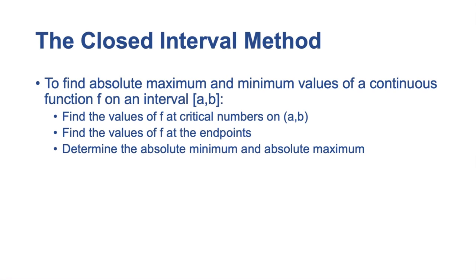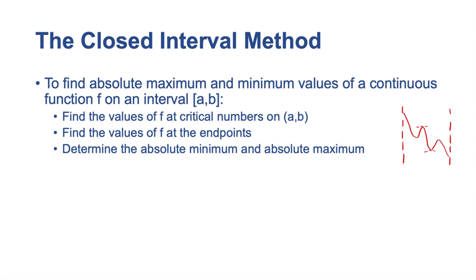And then we find the values of f at the endpoints, because there might be a situation where I have an interval here, a to b, and it looks something like this. And I'll find my critical numbers, and then just with differentiation, I'll say, okay, so I've found the absolute maximum and the absolute minimum with Fermat's theorem.